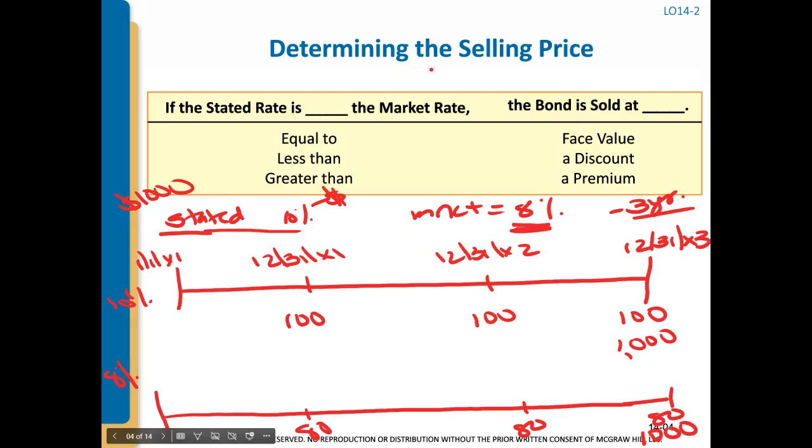So Apple right here, this top one, is going to pay a stated rate that is higher than the market rate. Now, if I come to Apple and say, I want to buy your bond, and Apple says, well, okay, but we're paying you $100 a year of interest, but if you go on the open market, you get something less than that.